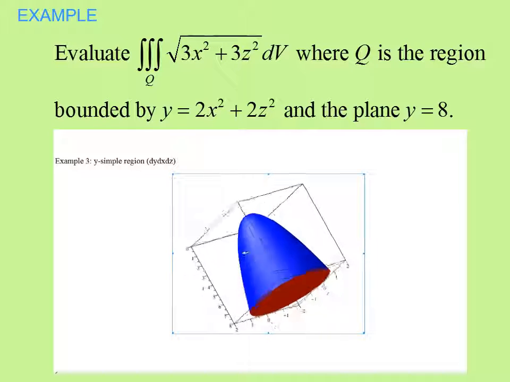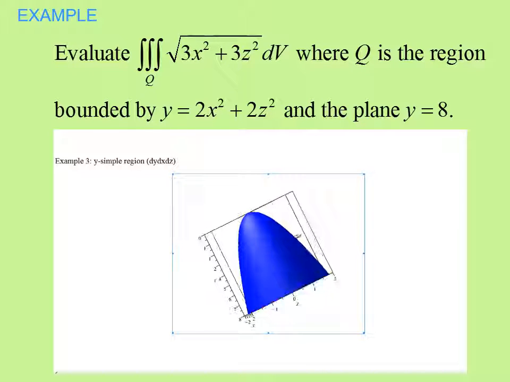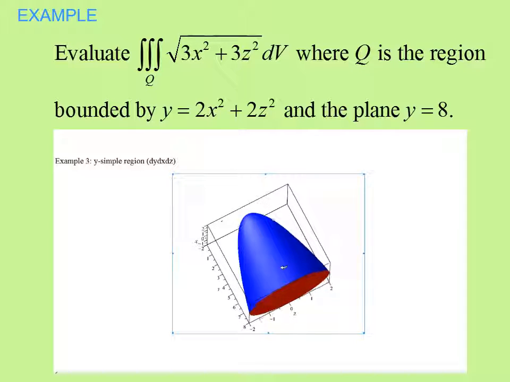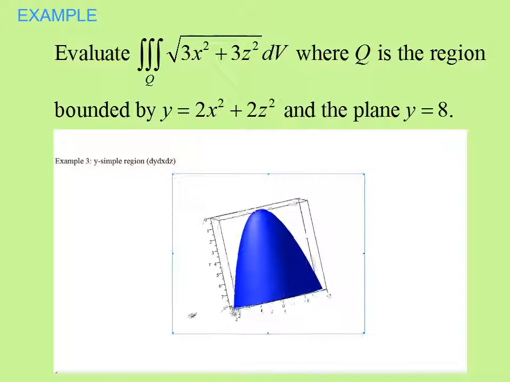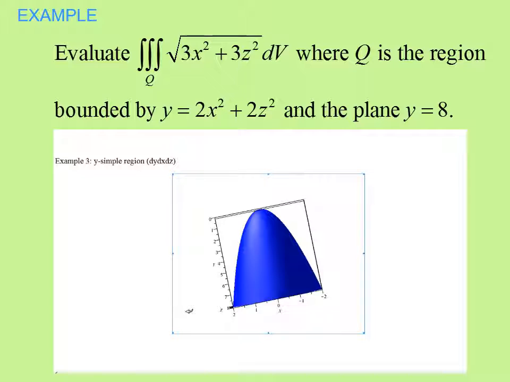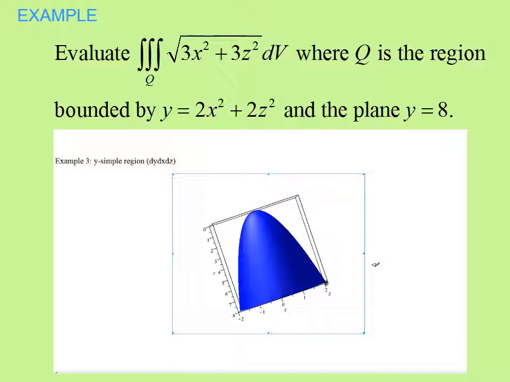For example, here we're looking sideways onto the z-axis. Let's look down the z-axis from both directions. Here we are looking down the z-axis from the positive direction. Here we are looking down the z-axis from the negative direction.